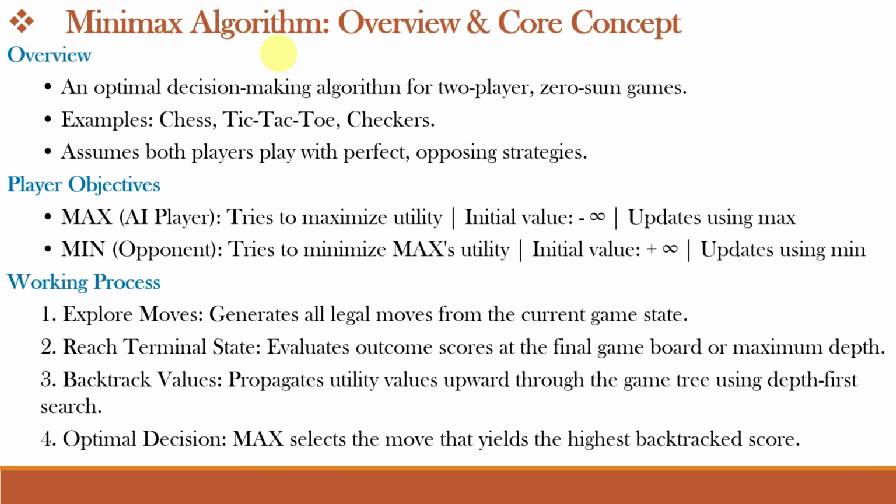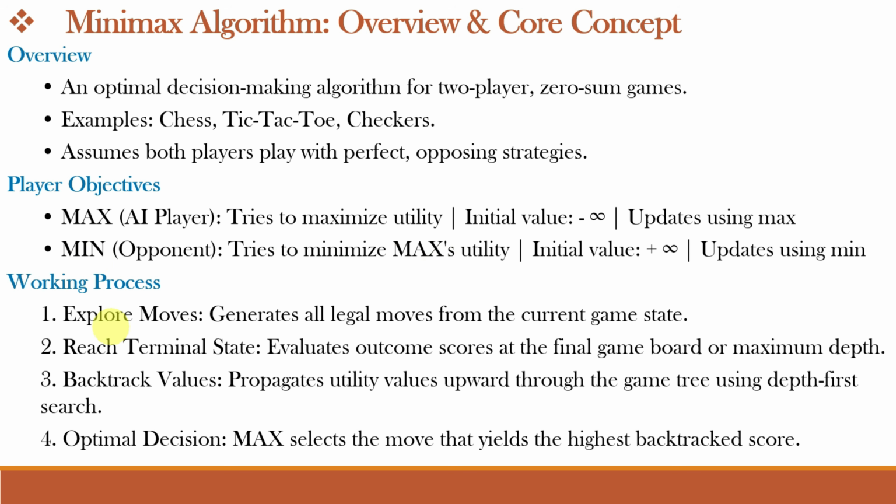The Minimax algorithm helps AI make smart decisions in turn-based two-player zero-sum games such as chess, tic-tac-toe, etc. It works by looking ahead at possible future moves while assuming both players will play perfectly. Player max tries to get the highest score possible while player min tries to keep max's score as low as possible.